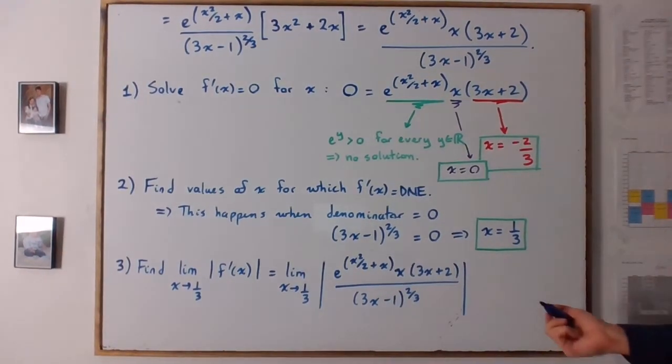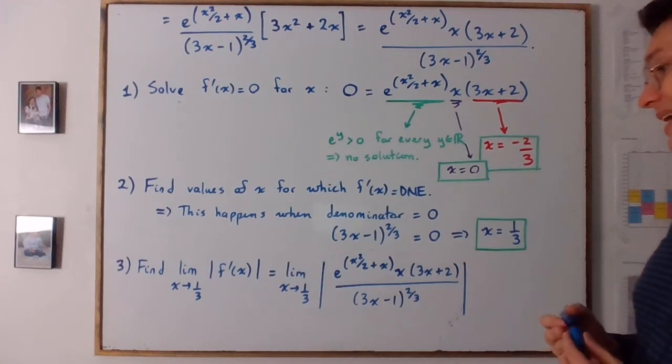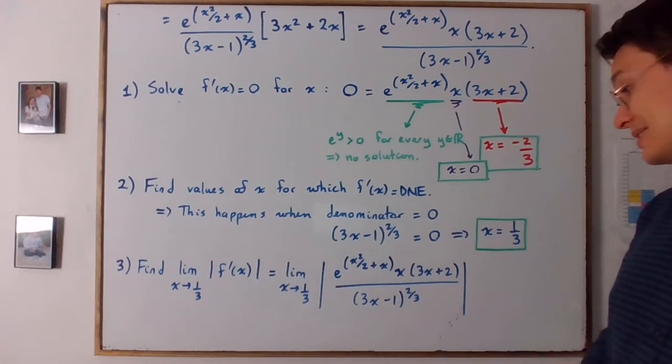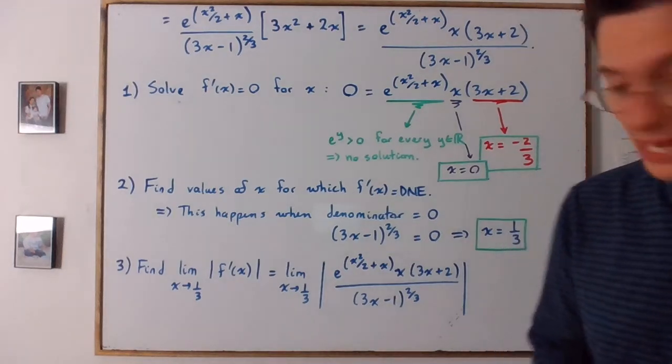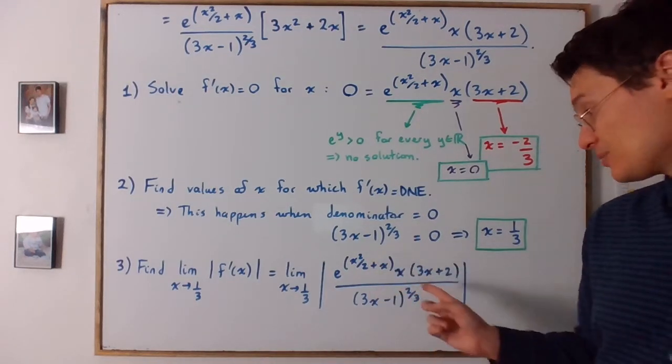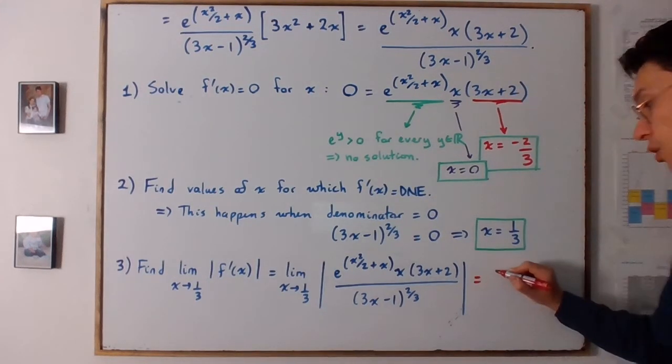All of this to say that what you're going to end up doing is, well, here you cannot directly substitute because you're going to have a 0 at the bottom. So whenever you directly substitute, what you're going to find out is that you have non-zero over 0.